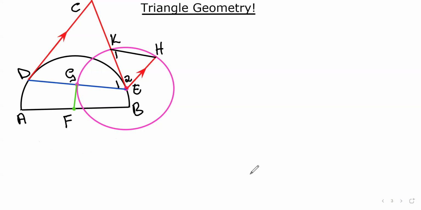The points D and E lie on the semicircle. We can see that. And CD as well as CE are tangents to the semicircle at the points D and E, respectively. Then furthermore, they say CD is parallel to HE.